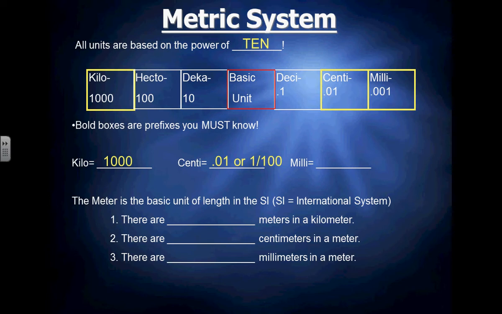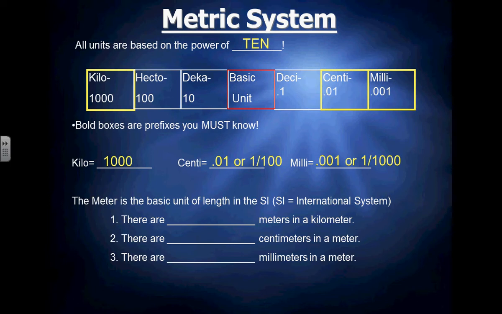So a centimeter is 1/100th of a meter. It's 0.01 meters. Milli is 0.001. And there are more units that go on each end of this. We generally, for our purposes, will only use down the middle.